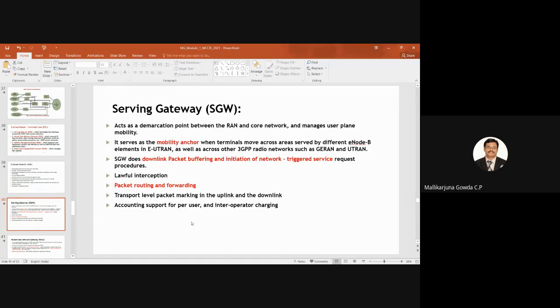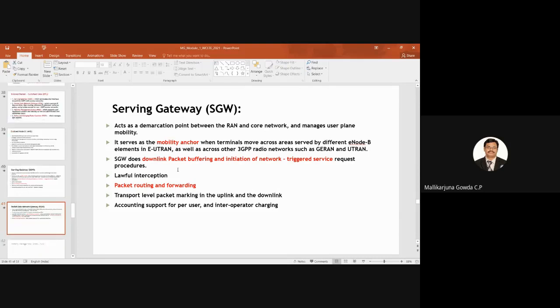That is also taken care of by the serving gateway. Of course, you may not be able to grasp all these in one stretch, but slowly, as we move through subsequent lectures, you will understand the things done by each network element.